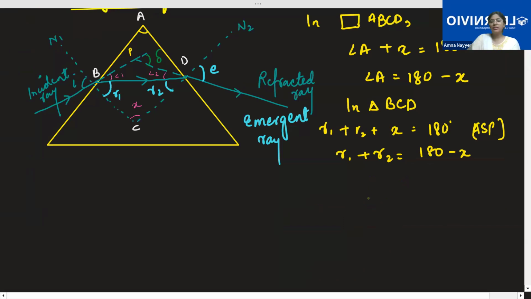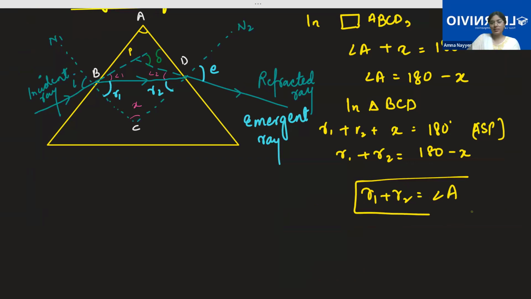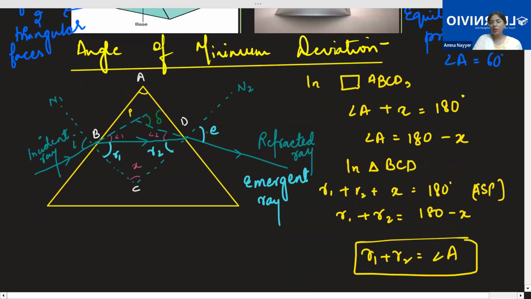See class, from here can we say R1 plus R2 is equal to angle A? This is one important conclusion, one important formula. Did you get this? All of you? Yes, okay.